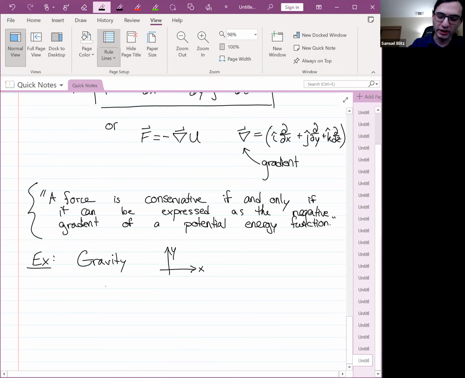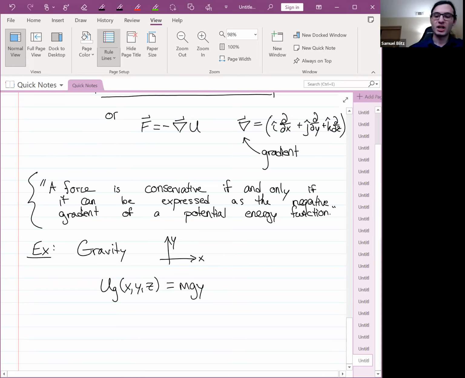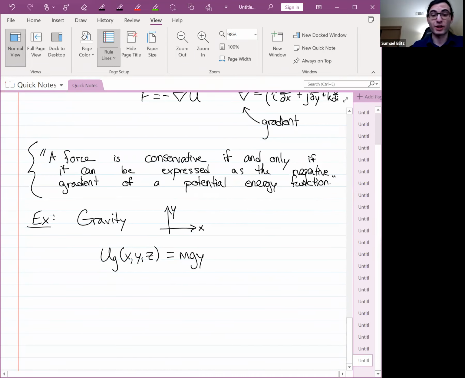And so in this coordinate system, the potential energy function for gravity as a function of x, y, and z would be mgy. At least that's the standard one. Remember, I can add a u-naught, and I'll show you how that works out in a minute. So let's just see if it works. Let's see what force we get when we take the gradient of this function.